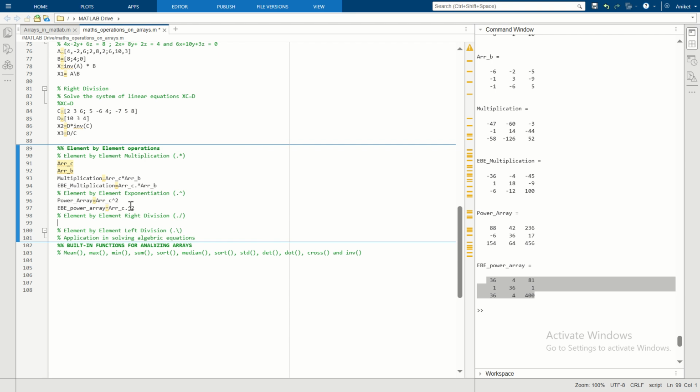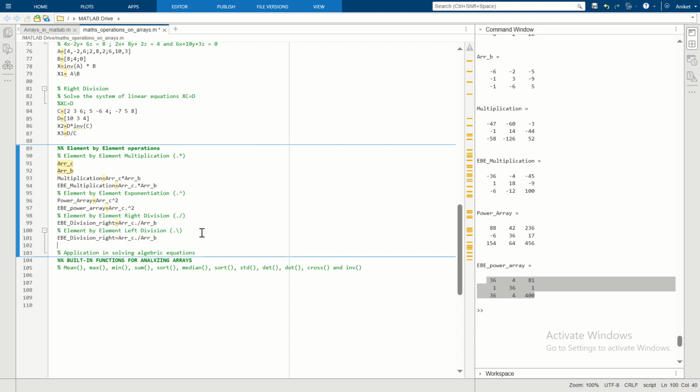Now okay, so we'll just click here and take here. We'll just do a right division first for this multiplication division, and again a left division as well. Okay, so we'll see these two results.